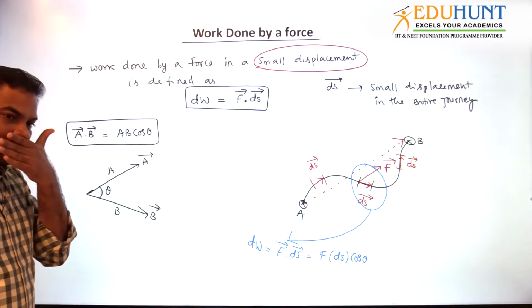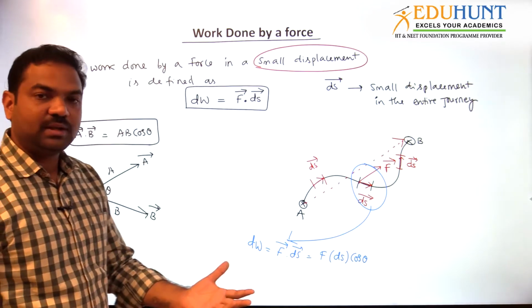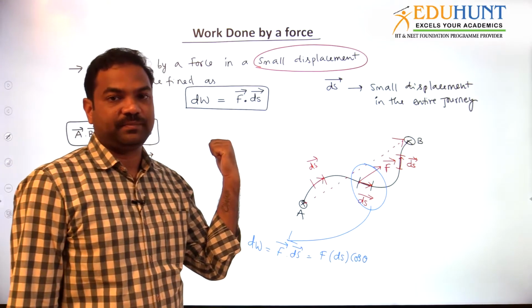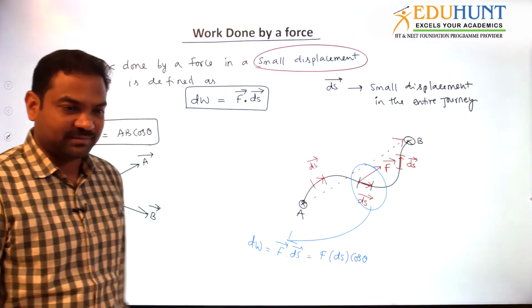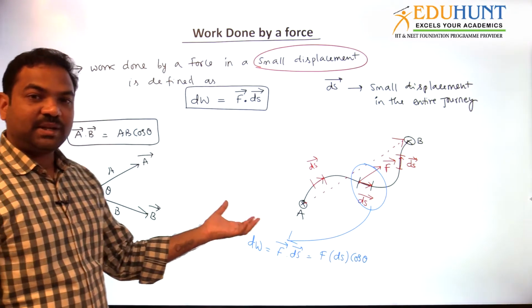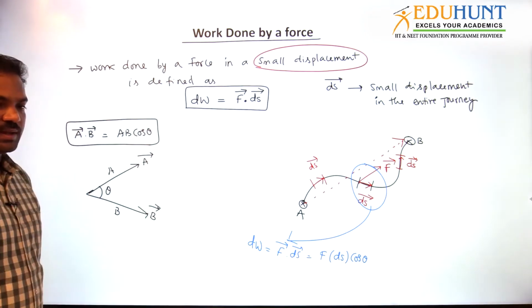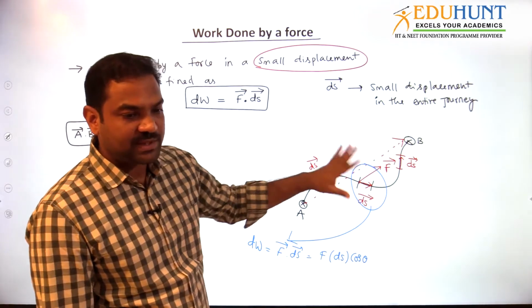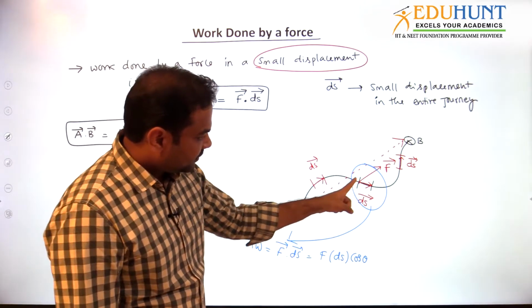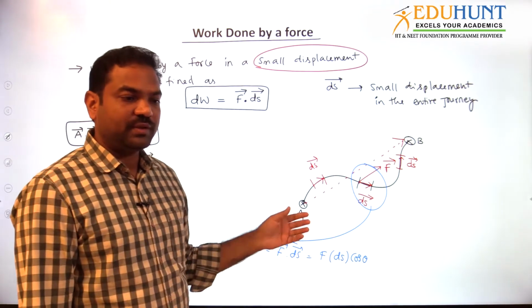To learn work done better, you learn the dot product. Work done is an application of dot product. First, work done in a small interval, a small displacement, is defined.